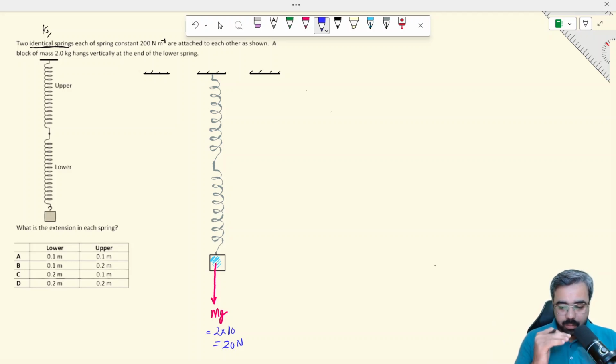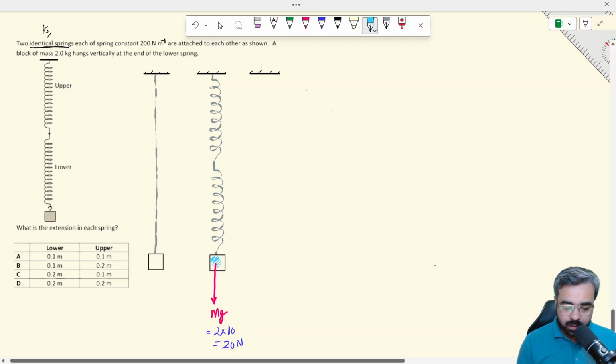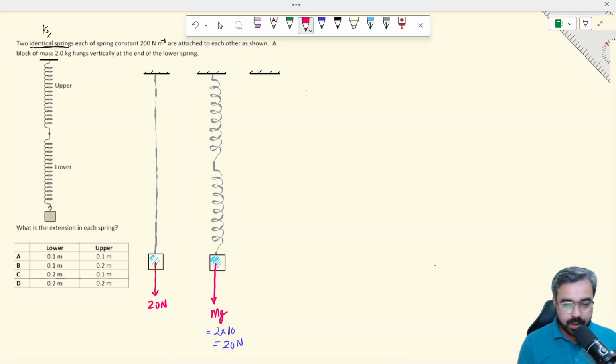Now, how is this 20 newtons transferred to the upper side? In order to understand it, what if I just attach a string to this block? Then what would you say? The weight force will be the same, 20 newtons. But here's the catch. You would say to me that the tension force should be equal to 20 newtons at this point.